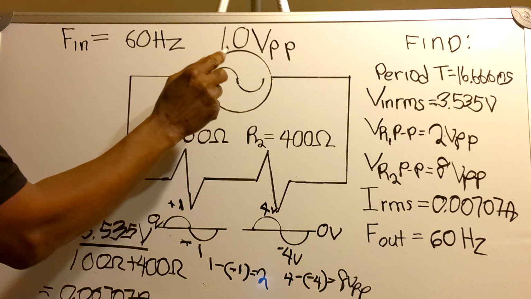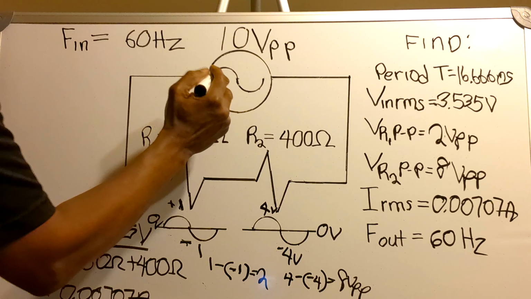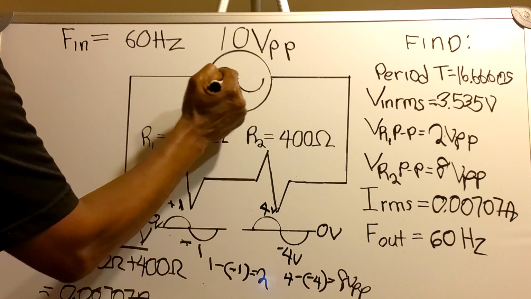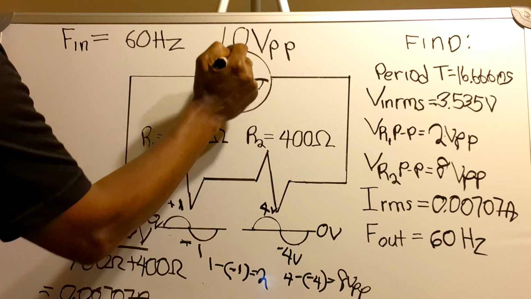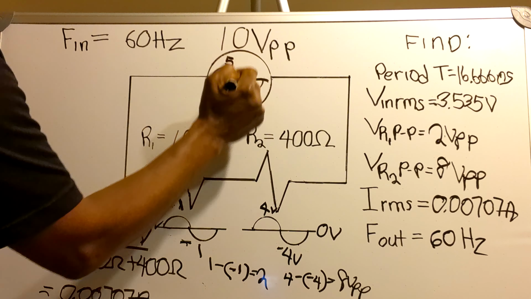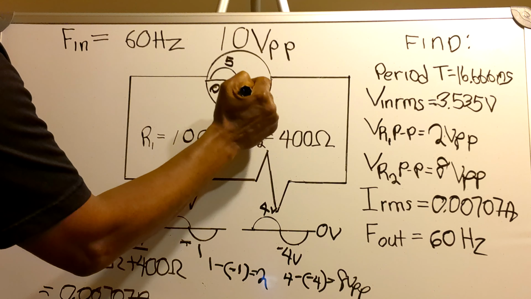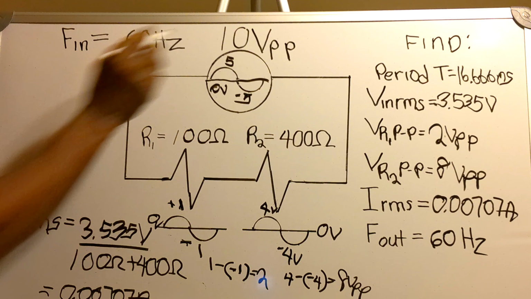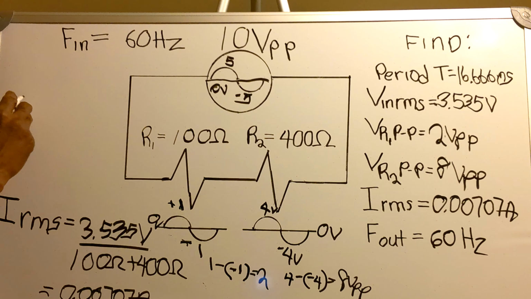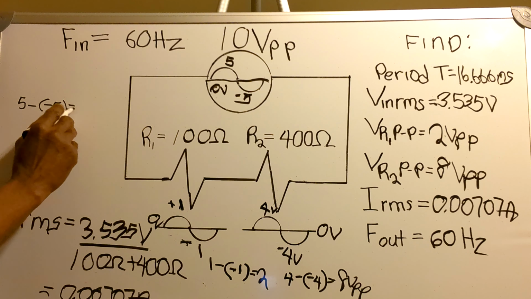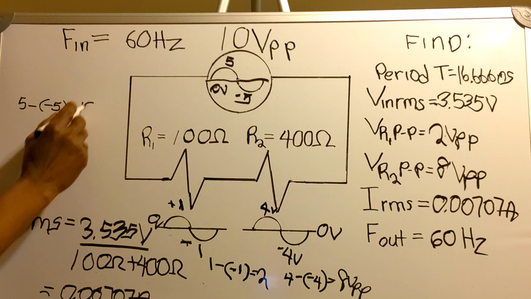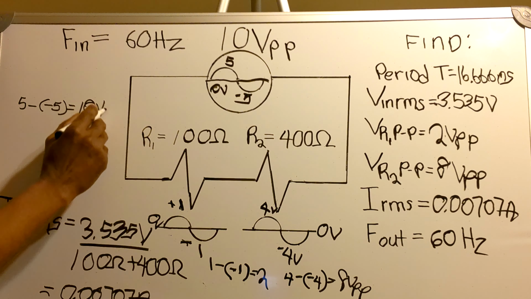Up here is 10 volts peak to peak. There is a line running through the middle of this that equals 0 volts. This is plus 5 volts. This is minus 5 volts. So to find the peak to peak here, it's 5 volts minus minus 5 volts equals 10 volts peak to peak.